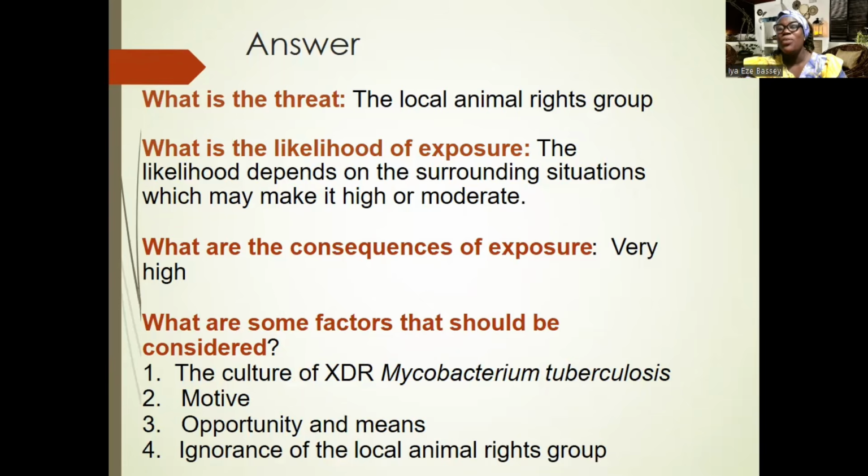Or is it somewhere where the access to those things is highly guarded? You cannot get into it without passing through some controls. Okay? So if it is highly guarded, then the likelihood may be low because they may not be able to get in there. But if it is not, the likelihood will be high.